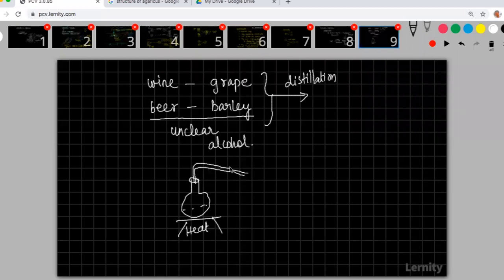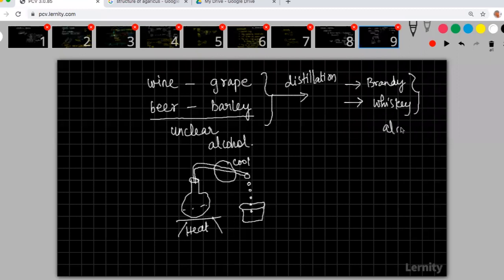When alcohol is evaporating, you cool it. This alcohol alone will come first and you collect it. This is called the distillation process, where you concentrate the alcohol. If you concentrate this, wine becomes what people call brandy. Beer becomes what people commonly call whiskey. So these are all alcoholic beverages.